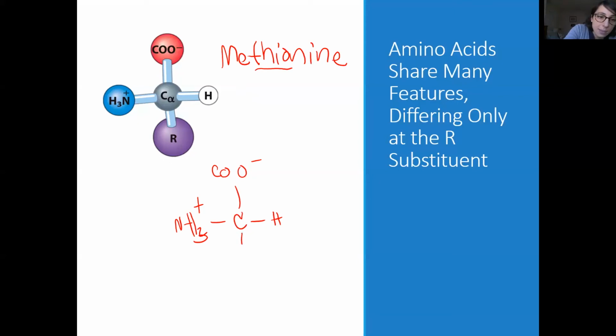So you remember that methionine also has a sulfur in it. Now it's kind of in the middle here instead of with cysteine, which has the sulfur group at the end. And methionine's one-letter code is M.